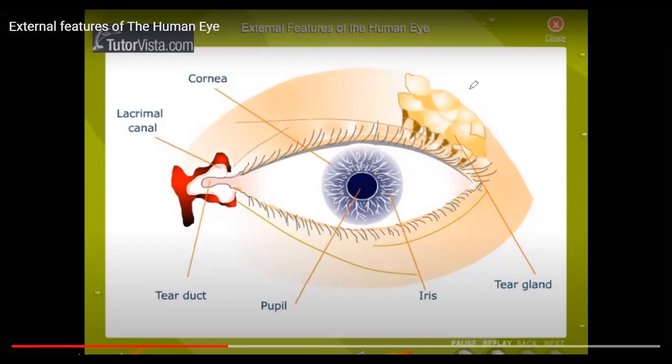So this is all what we can see in case of the front portion of the eye, but there is another layer in front of our eye which you cannot see here. Always remember, there is another layer in front of the cornea, and that layer is named conjunctiva. So I am writing here the conjunctiva.